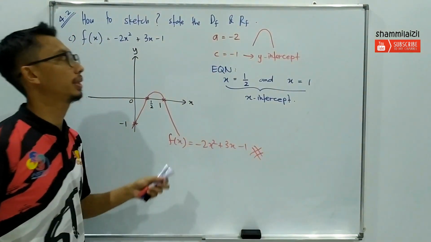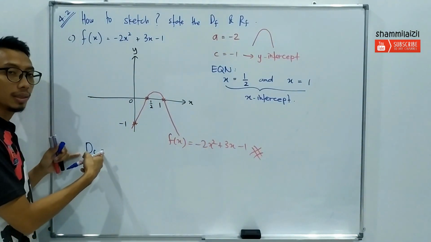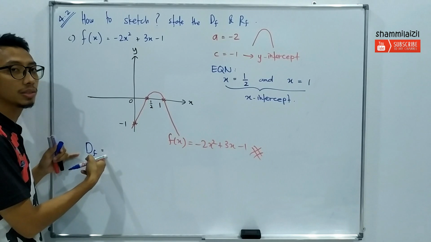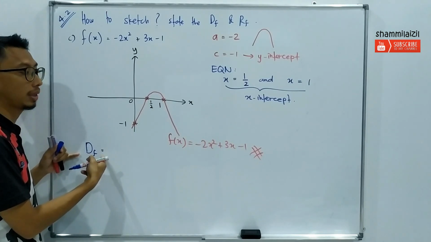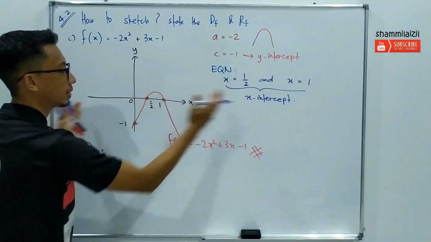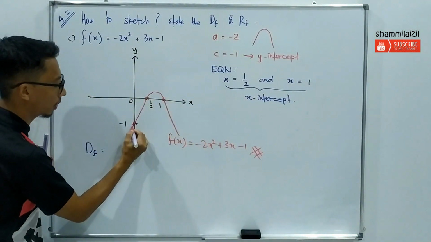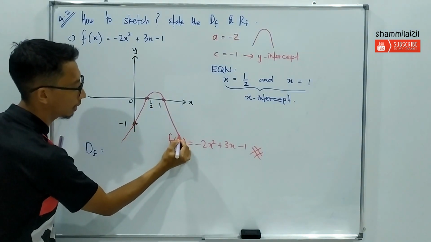Okay, so now let's obtain our domain and range. Alright, domain is the possible x values for the graph. So what does it mean? Horizontal values of the graph. Horizontally, your graph starts from where to where? Guys, please bear in mind that this one extends infinitely.